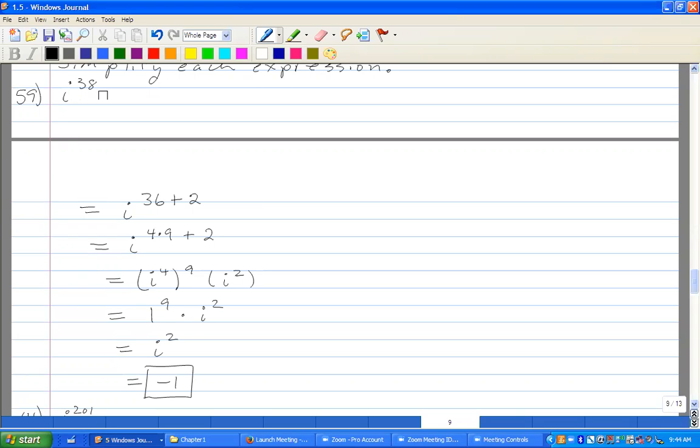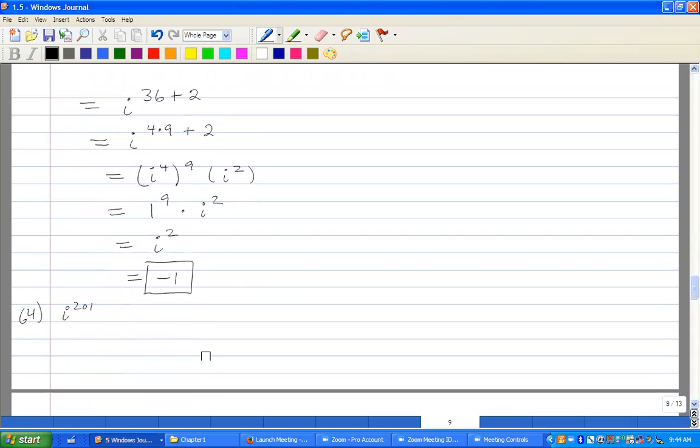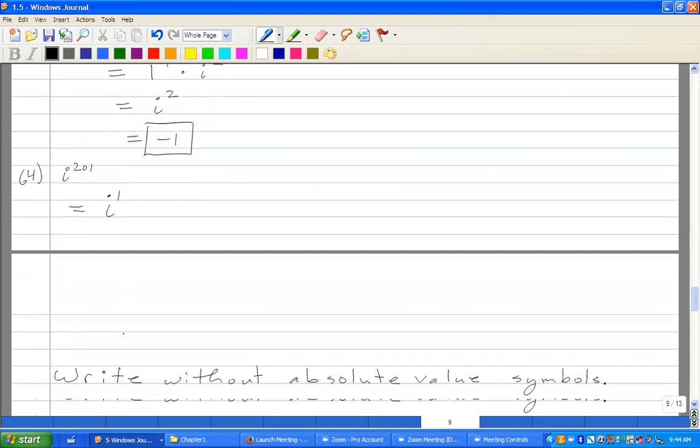And so I to the 38 is the same as I squared, which is -1. And so let's divide 201 by 4. Well, that's 50 with the remainder 1. So this is I to the 1st. And so this is just equal to I.